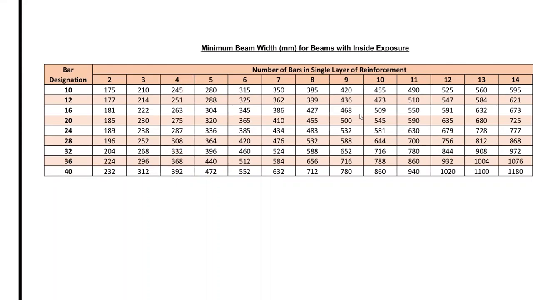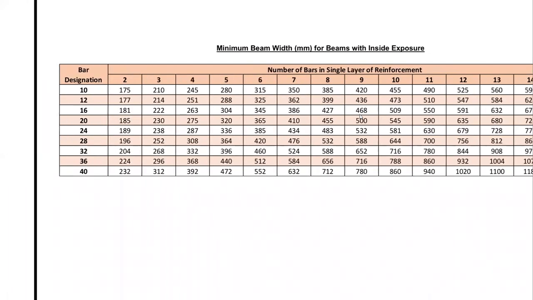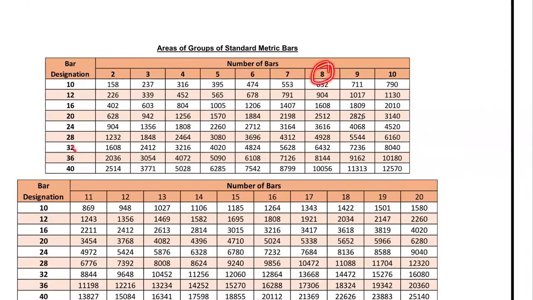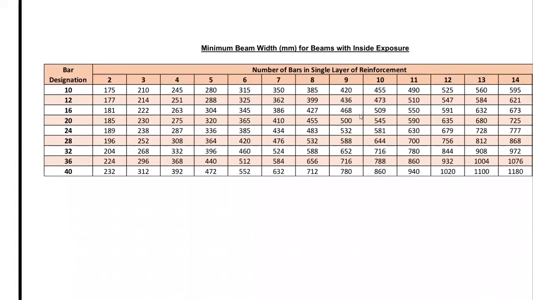2 layers, let's try. For example, the requirement for 8 pieces of 20 is 2.5, which won't work; we need at least 3 or 4. For 6 pieces of 28 in 2 layers, we need 328, though the required is only 252.